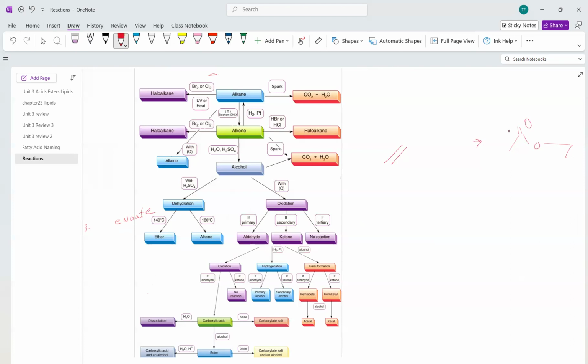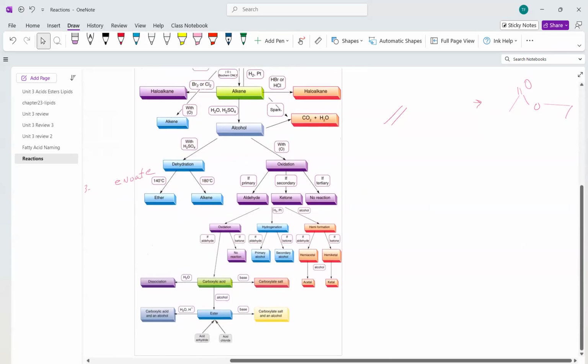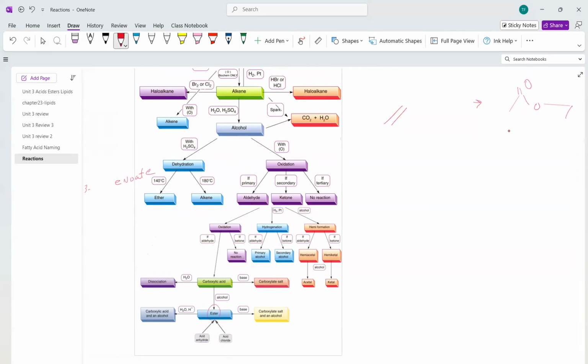Okay, so we've got an ester. That's one spot. Now we have to identify a second spot.